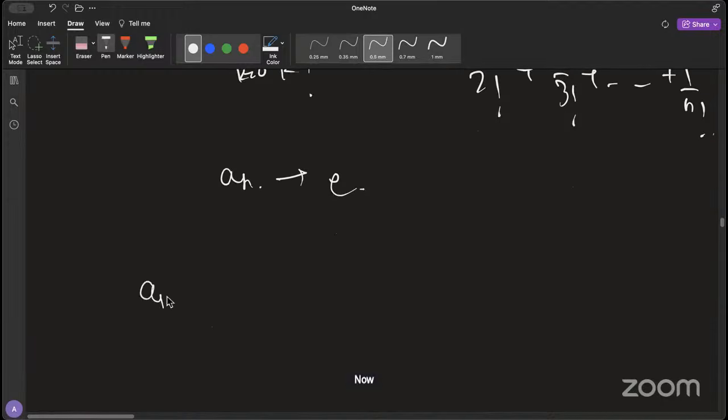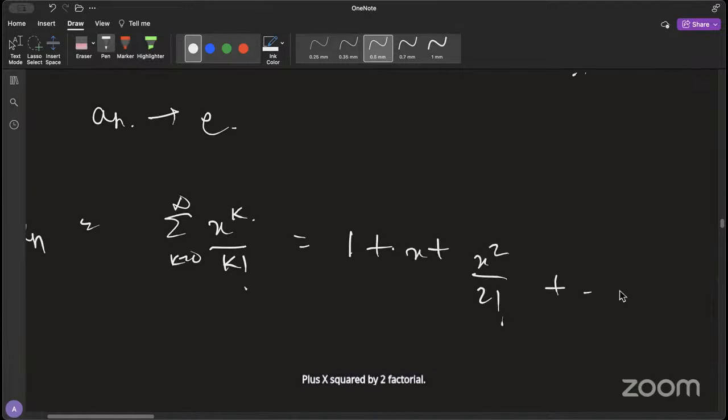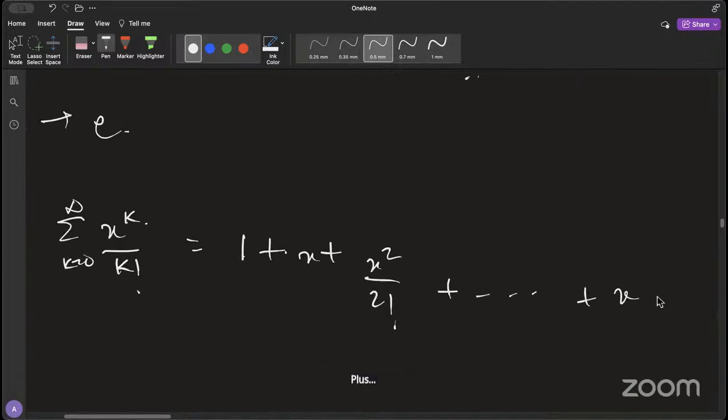Now instead, if I take a_n equals summation x to the power k by k factorial, k varying from 0 to infinity, then what is this? This is simply x to the power 0 by 0 factorial, so it's 1 plus x to the power 1 by 1 factorial, so it's simply x, plus x square by 2 factorial, plus x to the power n by n factorial.